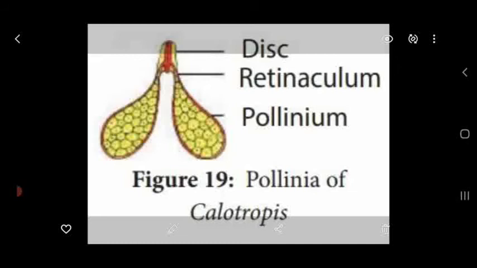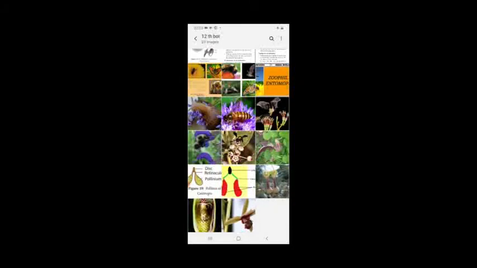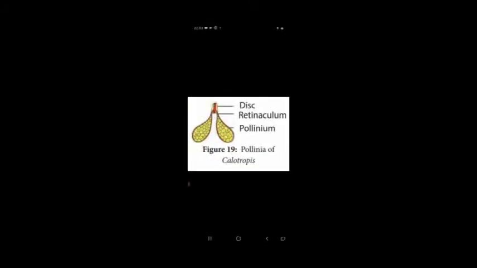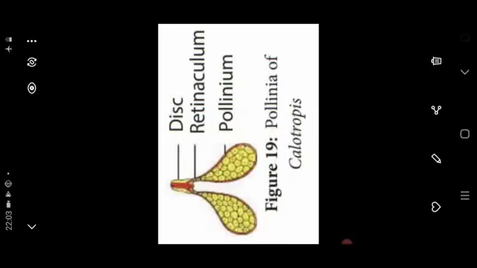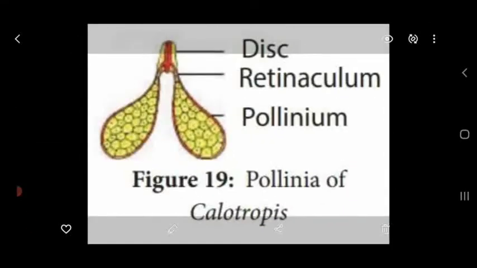When the honeybee visits the other flower, the pollinia come in contact with the receptive stigma of the other flower. Thus, pollination takes place in the Calotropis flower by honeybees.